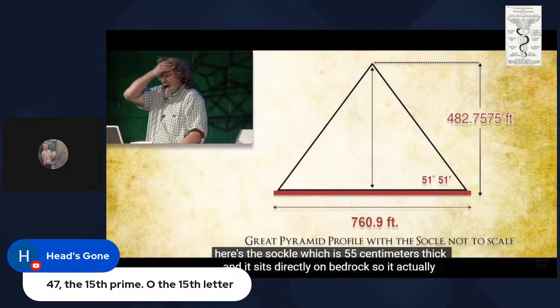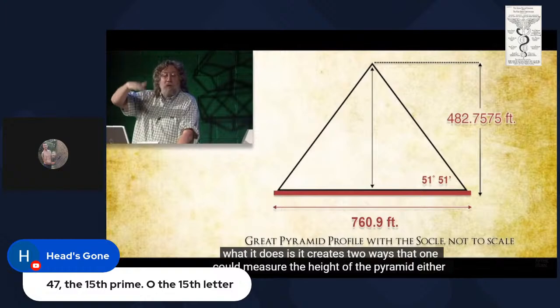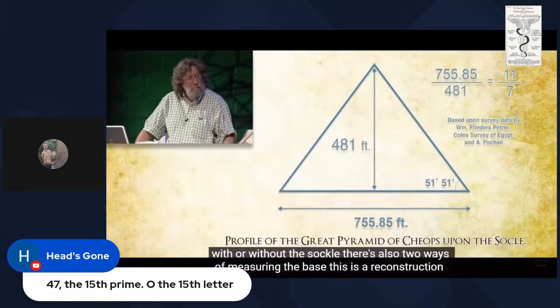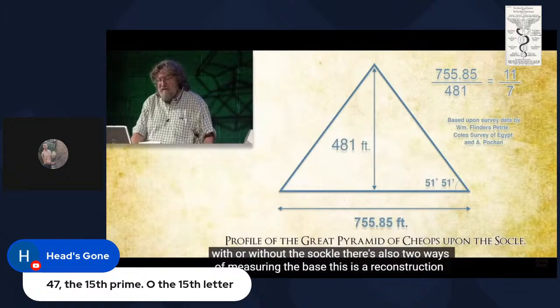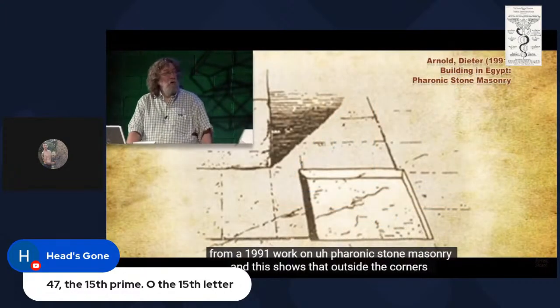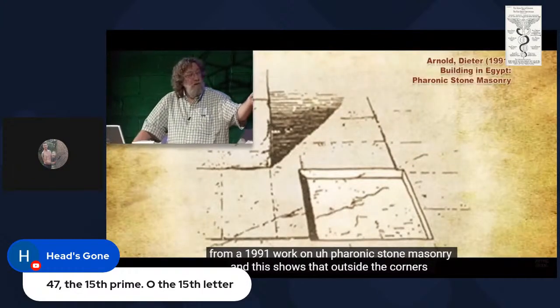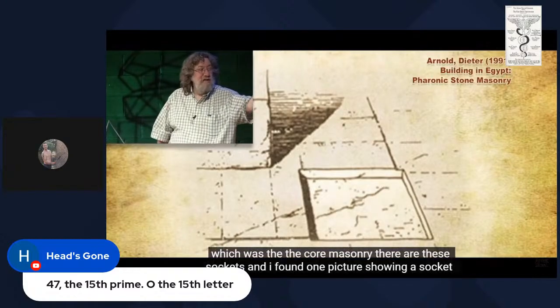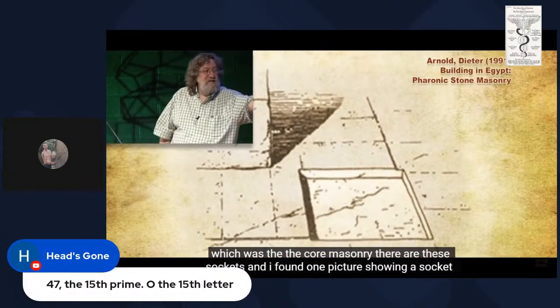So what it does is it creates 2 ways that one could measure the height of the pyramid, either with or without the socle. There's also 2 ways of measuring the base. This is a reconstruction from 1991 work on pharaonic stonemasonry. It shows that outside the corners, which was the core masonry, there are these sockets.